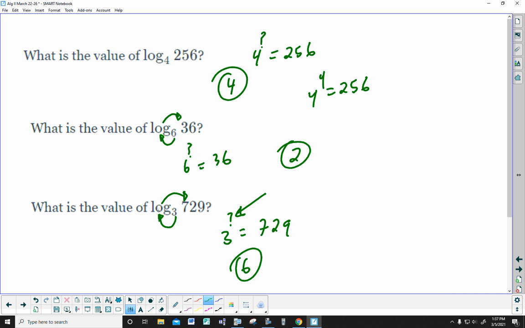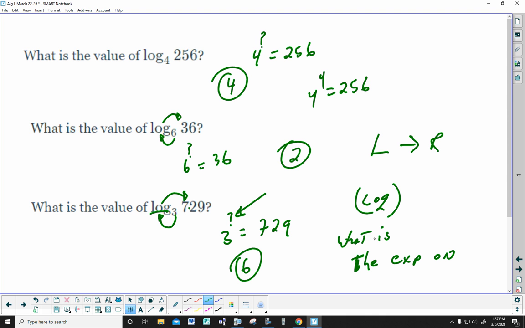So another way to read that is, what is the exponent on 3 that gives you 729? If you want to read it literally left to right, instead of the word log, you'd say, what is the exponent on, and then you would say the base.